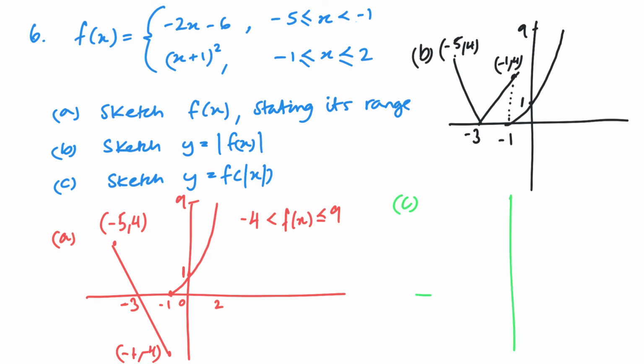This is just the right hand side of the graph repeated. Let's try and get it the same as the others. At least similar. And obviously you're not going to get marked down for it not being perfect. And there we have it.